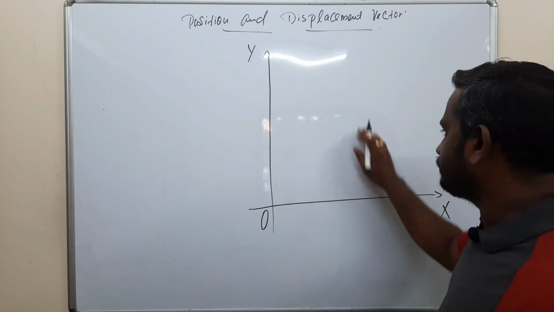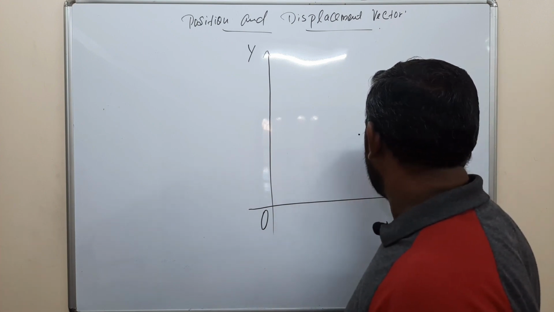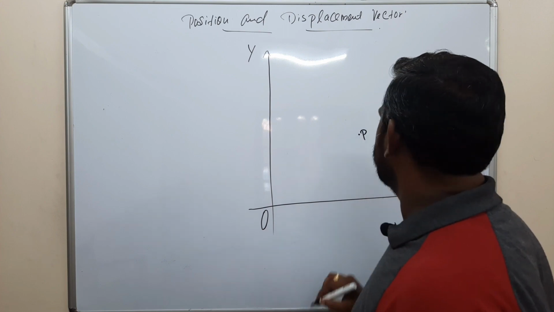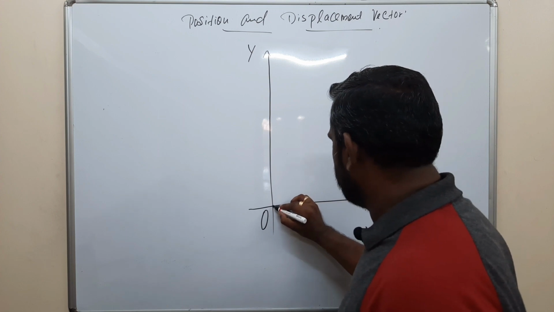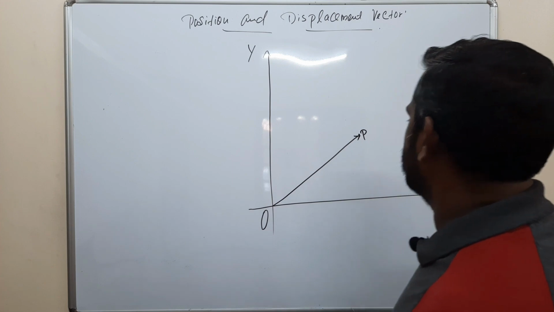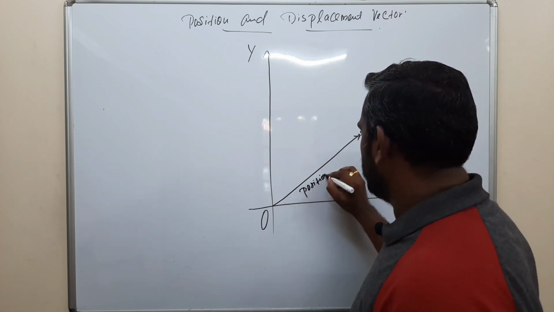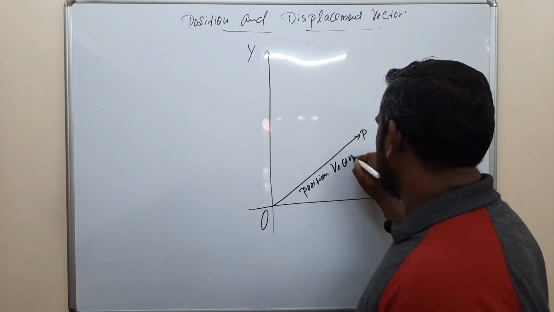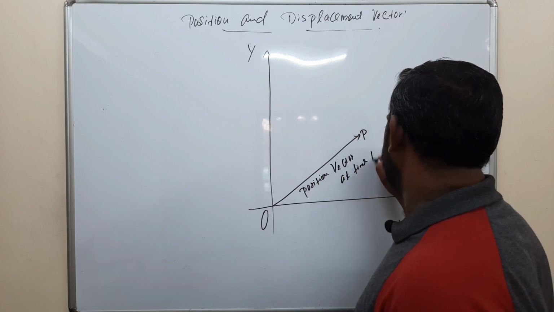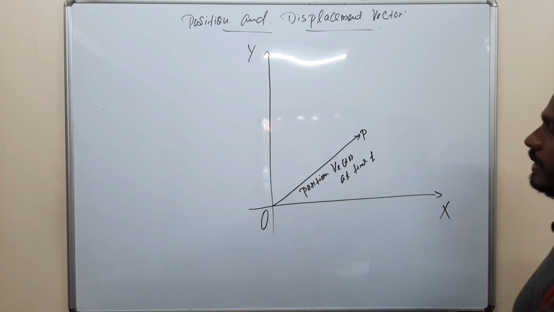The object is at P. This is the position vector towards the point at time t.